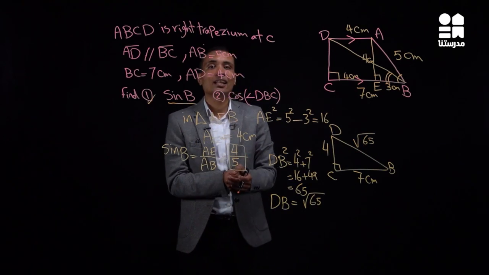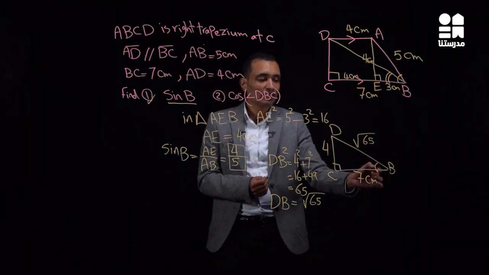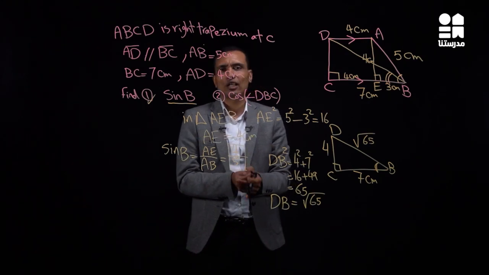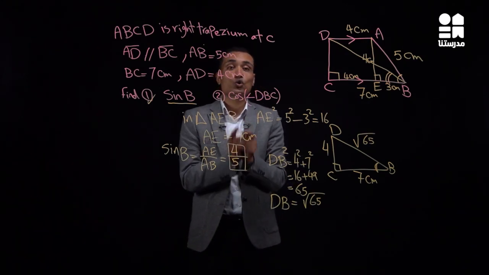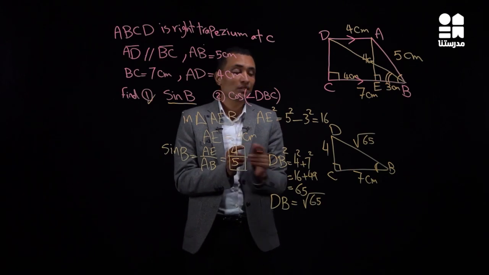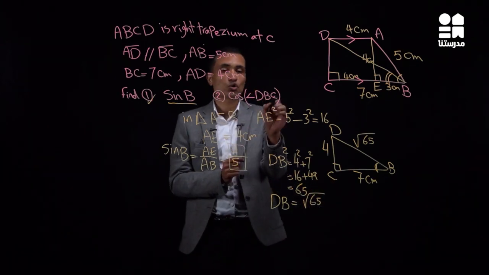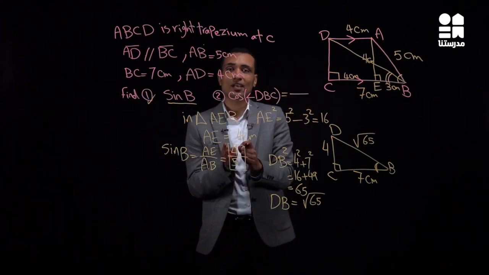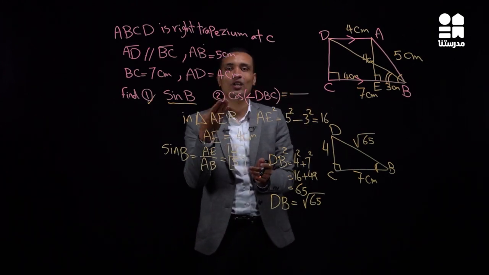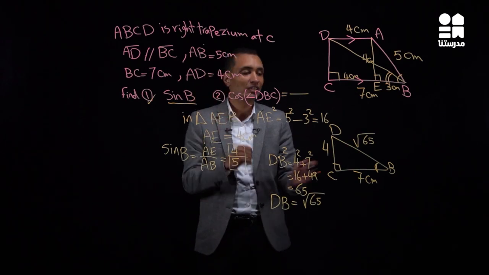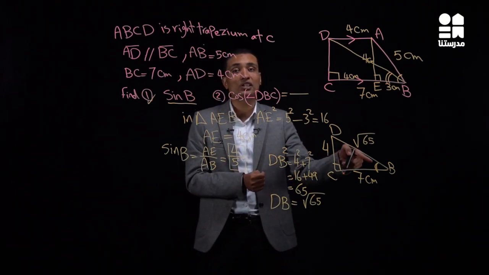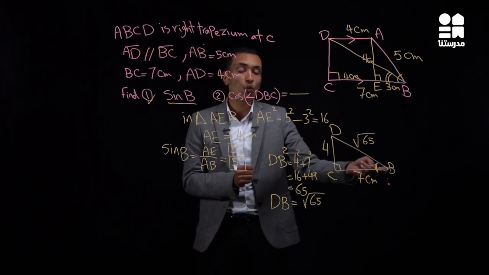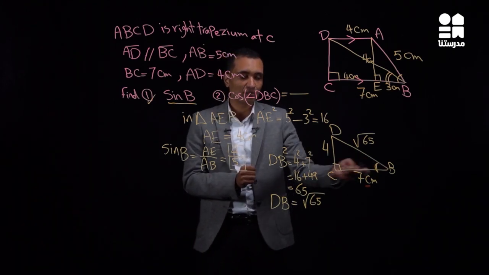طيب بعد كده هو عايز الأنجل دي. عايز أجيب منها الكوساين. طب الكوساين يا مستر كانت عبارة عن إيه؟ If you remember cosine the angle equals, so I can write cosine this angle equals the adjacent side over the hypotenuse. أو كنا حفظناها A over H. طب الادجيسنت هنا مين according to angle B؟ بالنسبة للانجل B هنلاحظ ان الادجيسنت هو BC. adjacent BC.